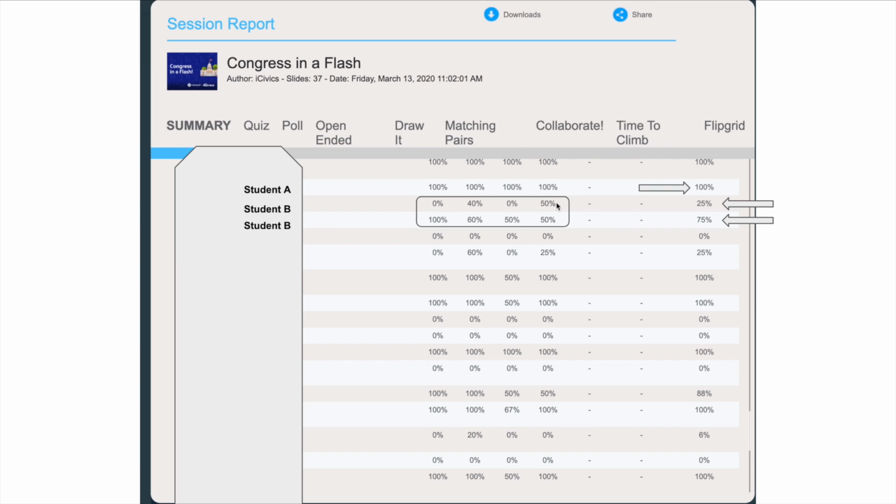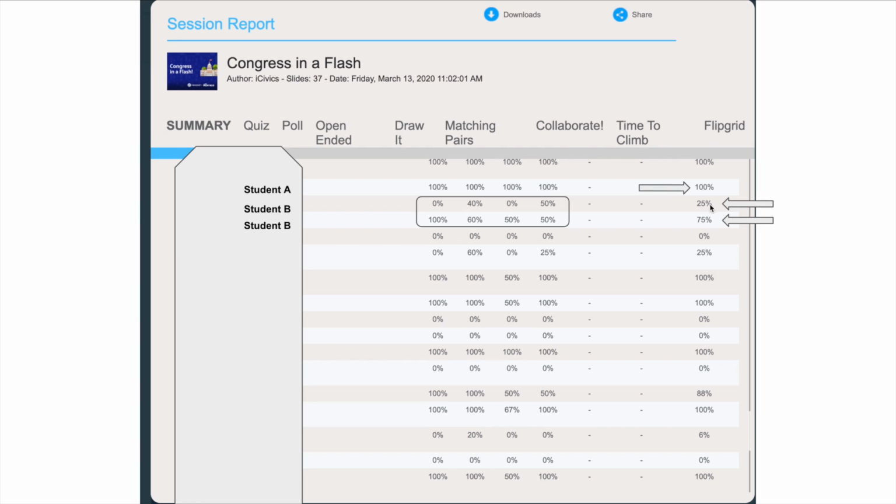Last but not least, the first time student B logged in, they did 50% of the last activity. They did 50% of the second activity. So once again, here's participation. Student B, the first time, interacted with 25% of the lesson. The second time, they interacted with 75% of the lesson. I add these together. Student B gets a 100% also.